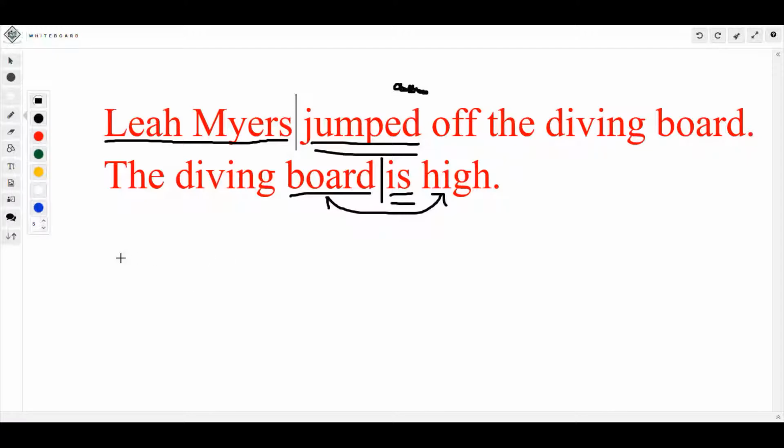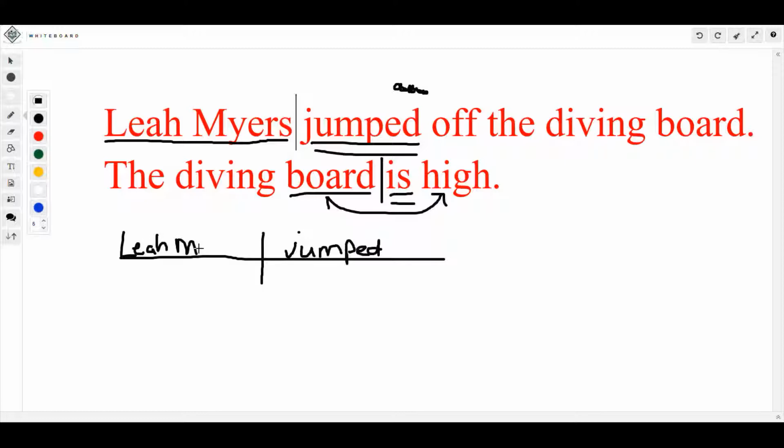The way you do that is you draw a straight line this way, and then you put a line here. Then you take the simple predicate and put it right here, and then you take the simple subject and put it over here.